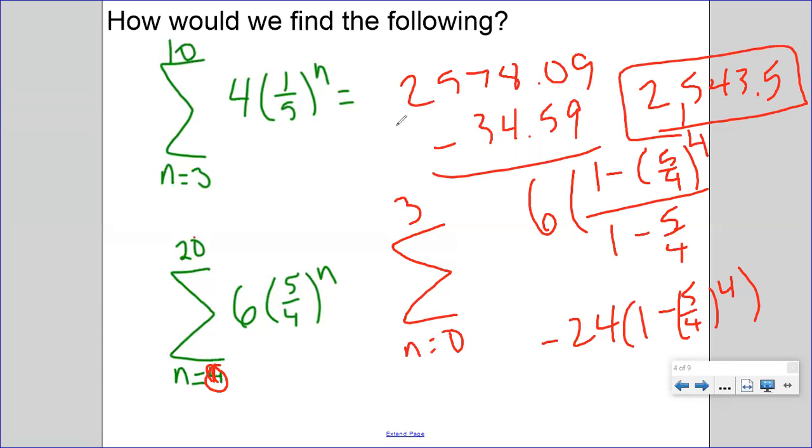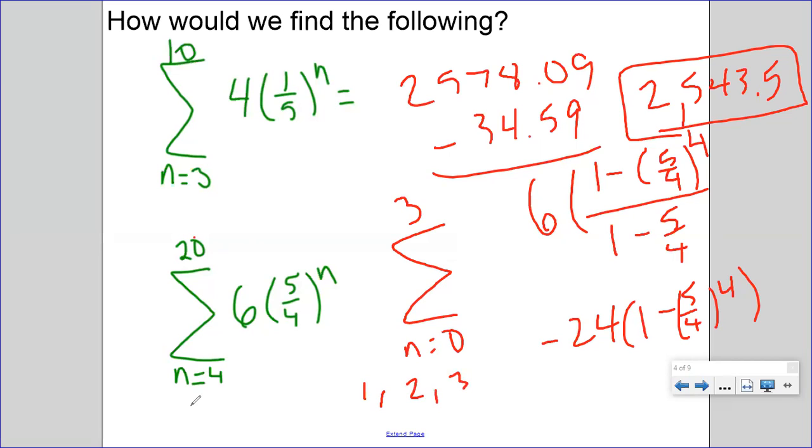Cool. Mr. Erb, why did you take the whole 6 times 1 minus 5/4 to the 20th power instead of the 21st power? So I was changing it up. I said, why don't we just do from 1 to 20 instead of 0, because then if I wanted to find the other terms I'd be missing, I'd just be missing 1, 2, and 3.